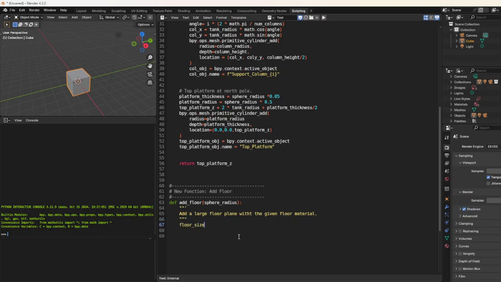Floor size is equal to sphere radius times 10. It has to be really big so it can cover the floor. The size is just going to be the floor size.